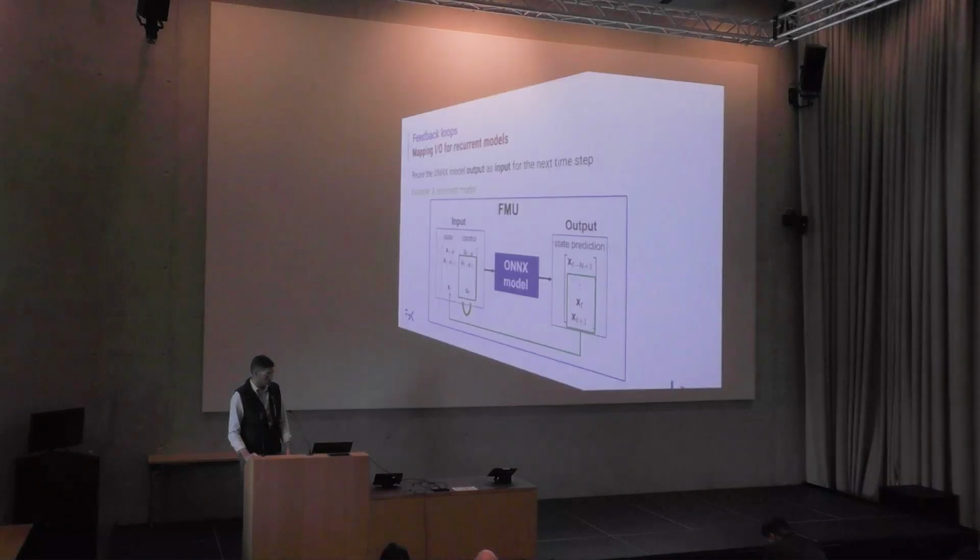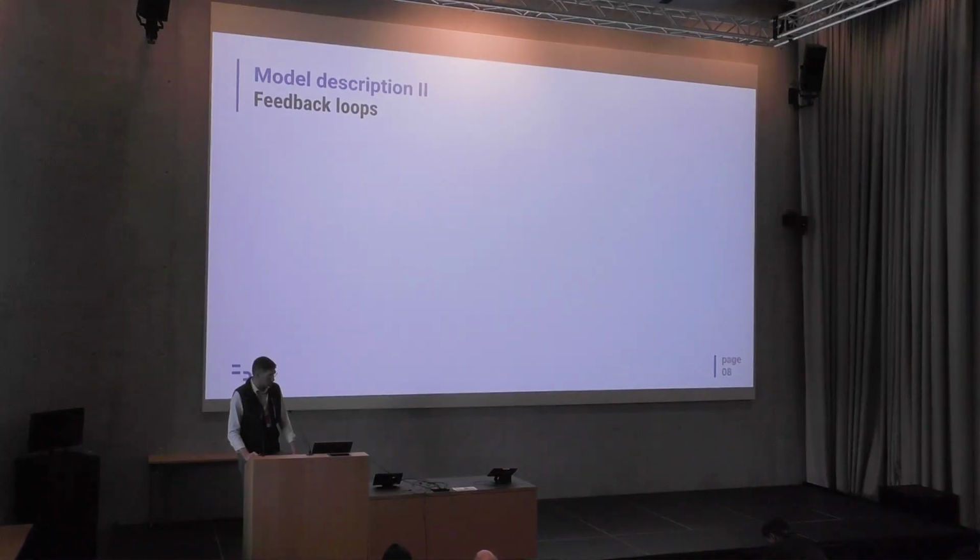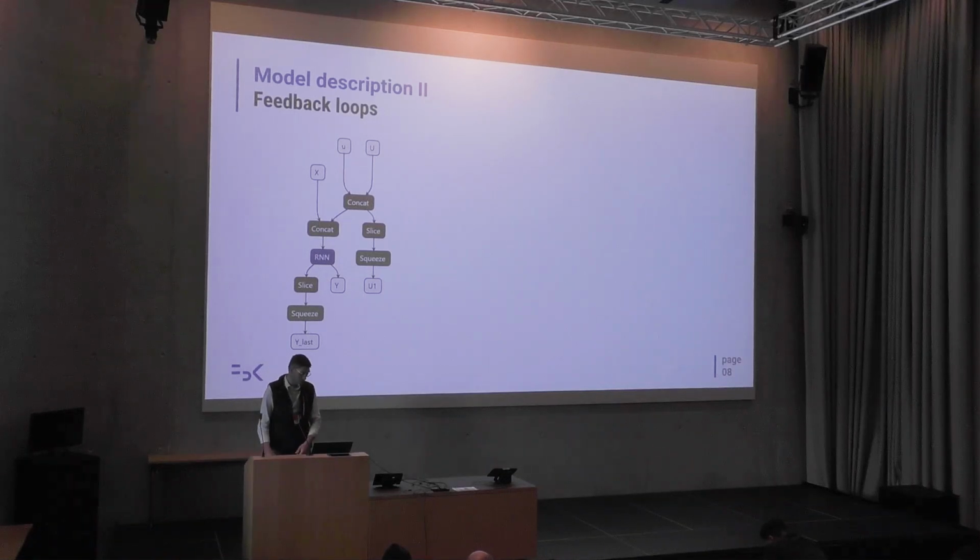How do we do this? When we declare the model, we have, let's say, this type of model with three input nodes and 3 output nodes. We are able to exploit ONNX capabilities to do concatenation, squeezing, slicing of the arrays, and in this way we can provide X, which is a history of states, which is stored, memorized within the FMU.